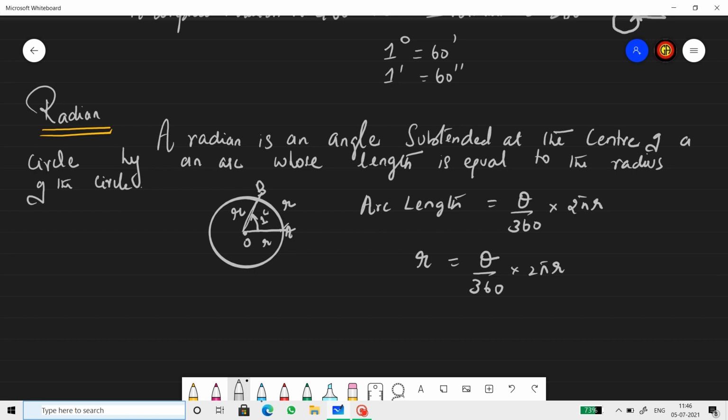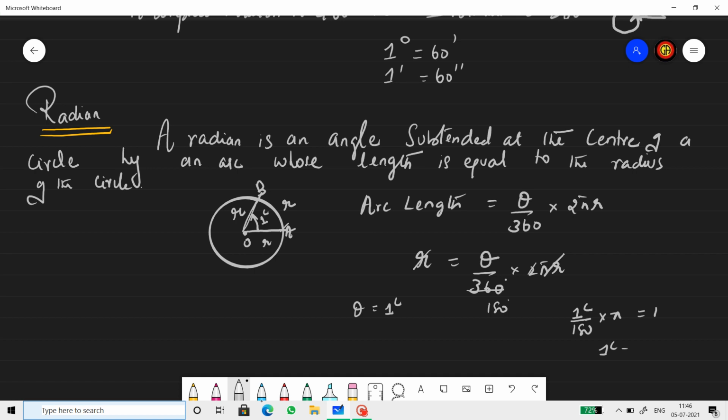Now r and r get cancelled. 2 and 360 degree get cancelled, so that's 180. And theta I have considered as 1 radian. So 1 radian by 180 into pi is equal to 1.